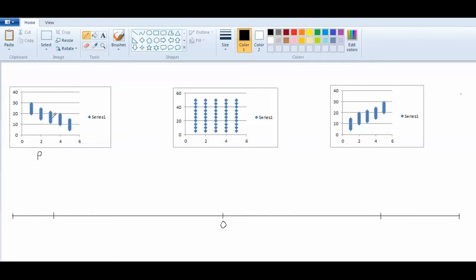So in this population, rho was negative 0.85, because I calculated the correlation with all 50 people, so it's the population correlation coefficient.